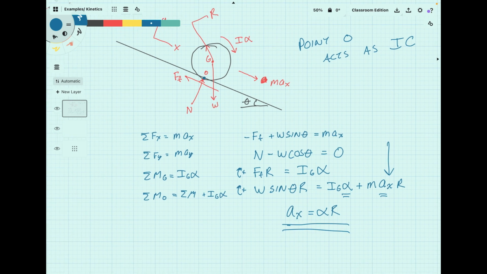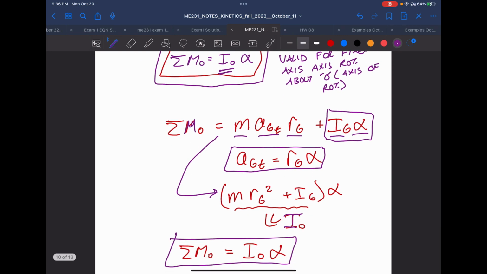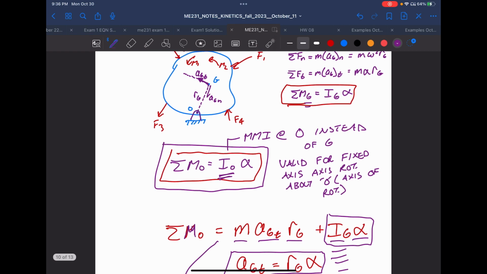Because of that, we get one more little detail here. If we sum moments at an instant center, it's going to be equal to the moment of inertia, if you can calculate it, at the instant center times alpha. Because the instant center literally acts like a point of rotation, just like it does in a fixed rotation problem.